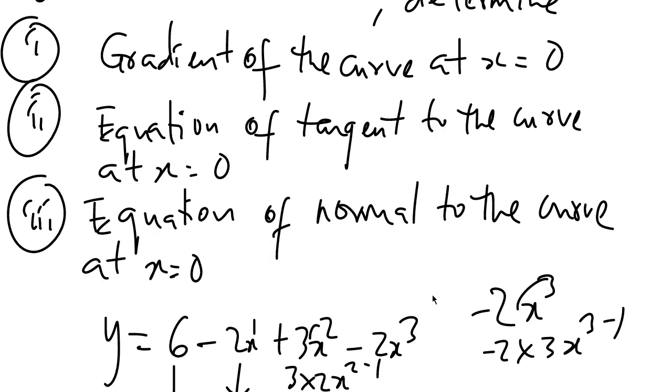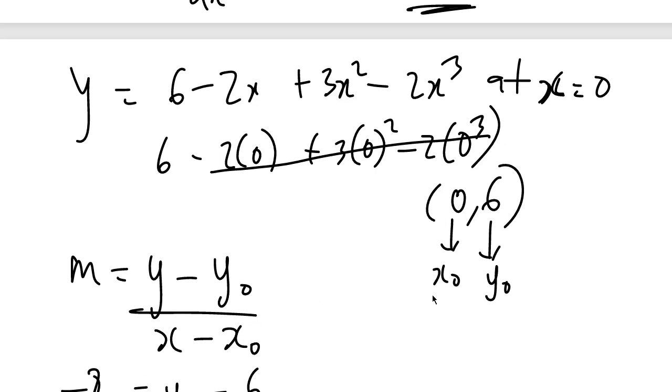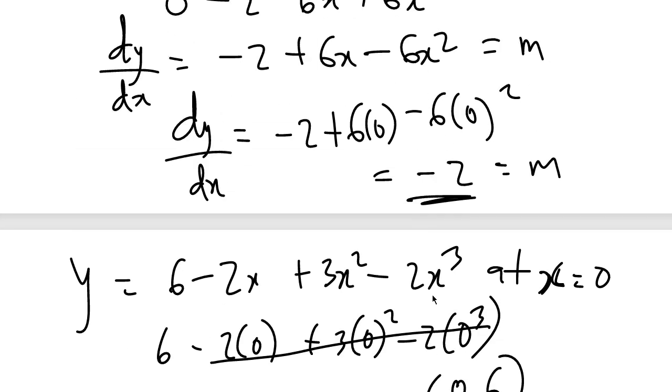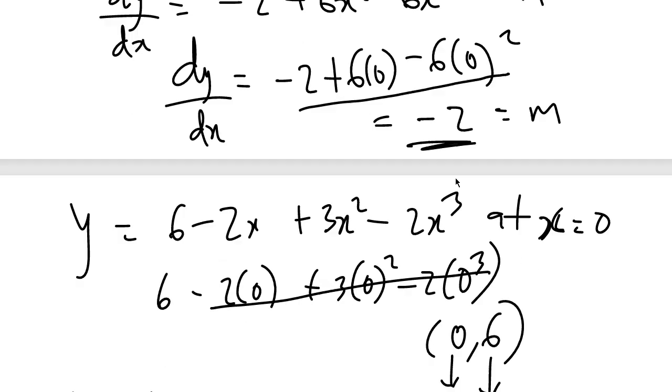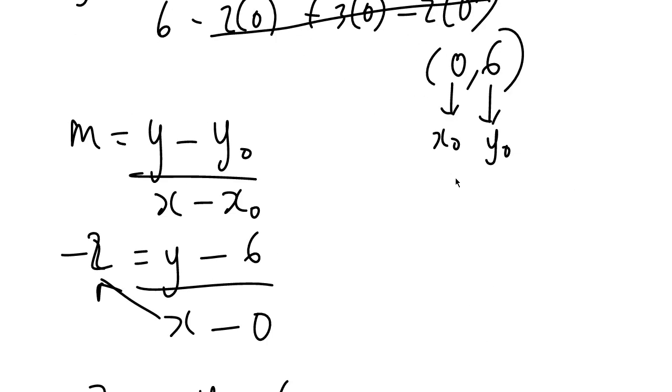Right? And we've already gotten the slope of the tangent, look over here. The slope that you get normally from the process of getting dy/dx, remember we substituted 0. Are you following? It is negative 2. So this is the gradient of the tangent, which we now used to calculate our m = (y - y₀)/(x - x₀).